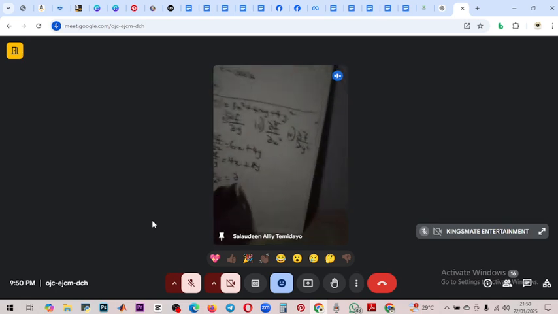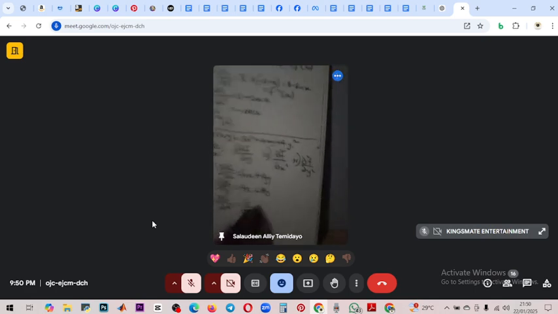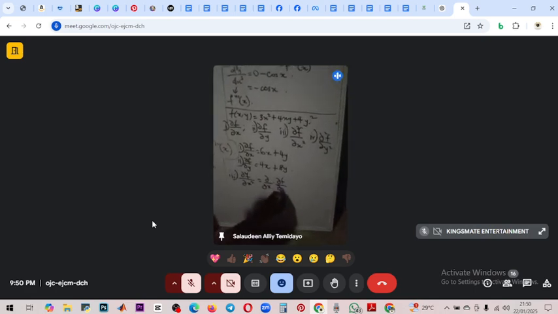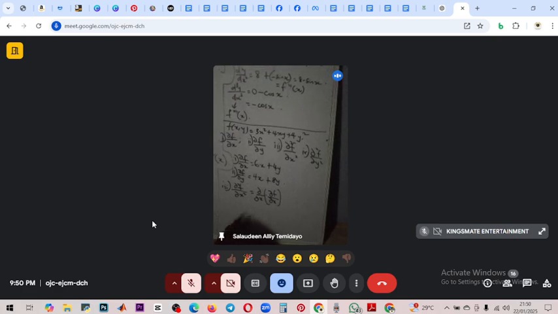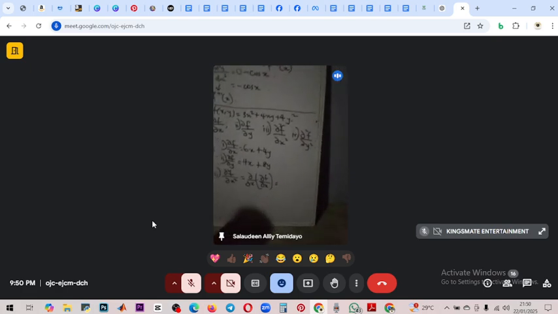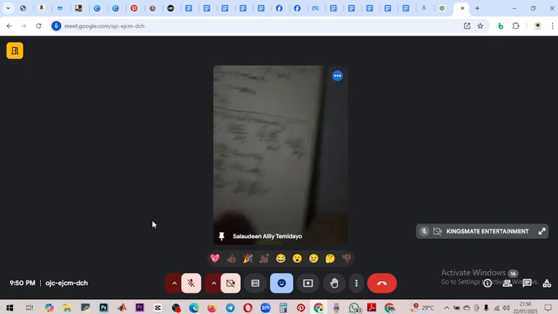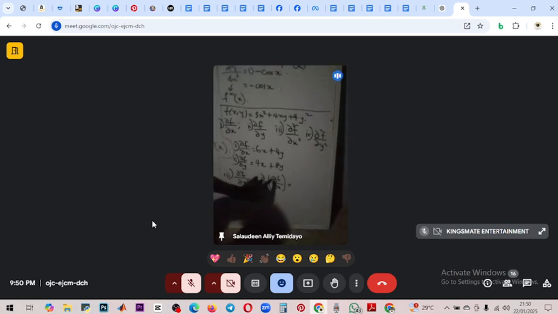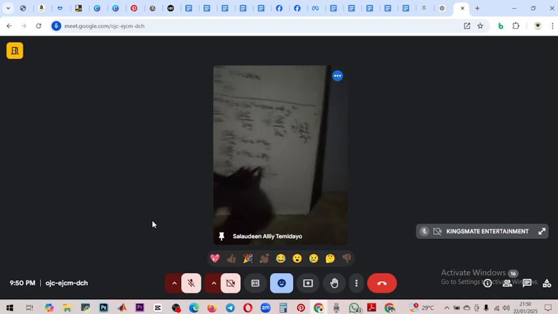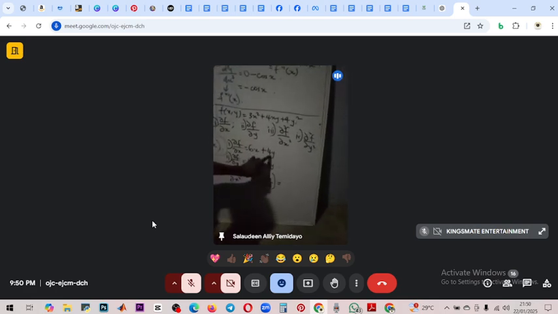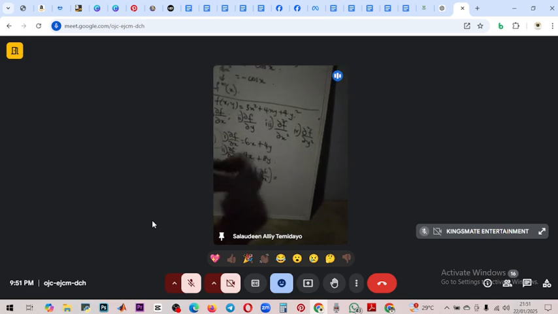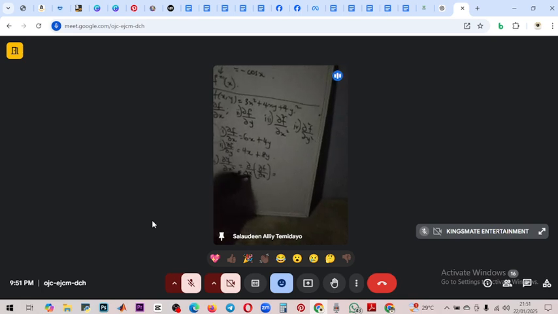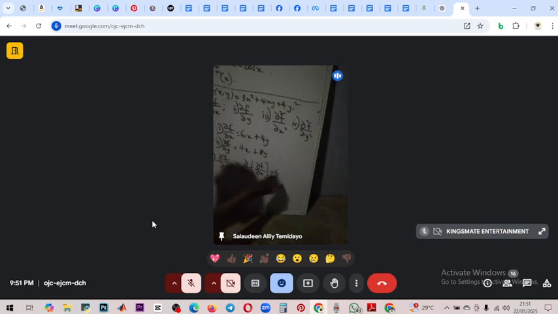So now let's go to the second partial derivative of f with respect to x squared. That is simply d dx of df dx. The df dx is 6x plus 4y. So the derivative of 6x plus 4y with respect to x, do not forget that, is going to be 6.